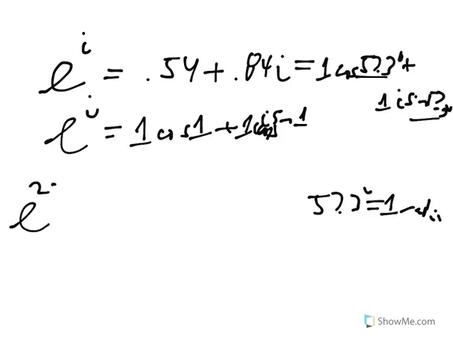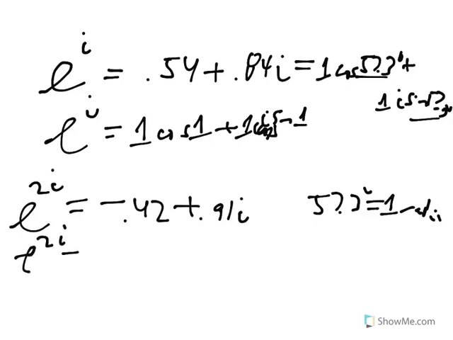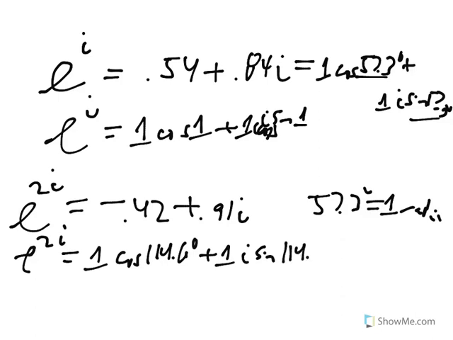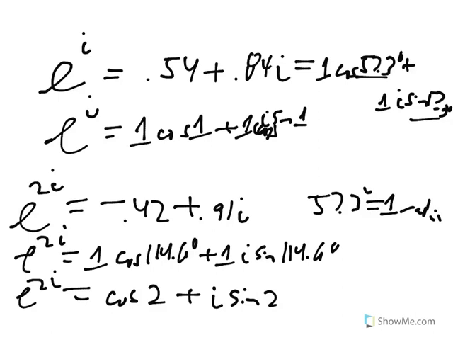And if you take e to the 2i, you end up with negative 0.42 plus 0.91i, which actually turns into 1 cosine 114.6 degrees plus 1i sine 114.6 degrees, which happens to be cosine of 2 radians plus i sine of 2 radians.